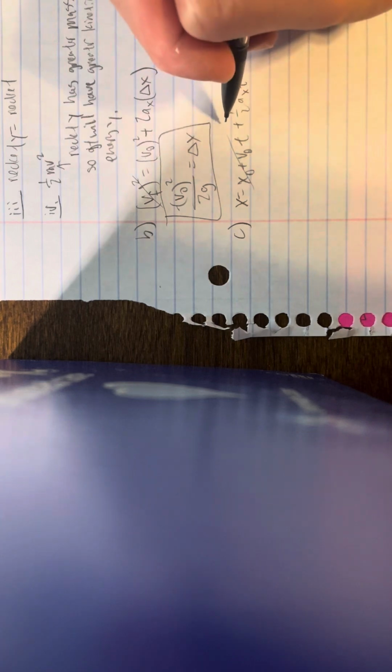They'll both be starting at the same place, so you don't need x sub 0, and they won't have any velocity to start with, so you can cancel the initial velocity term.